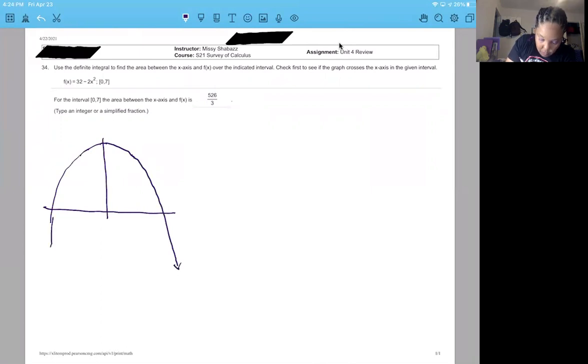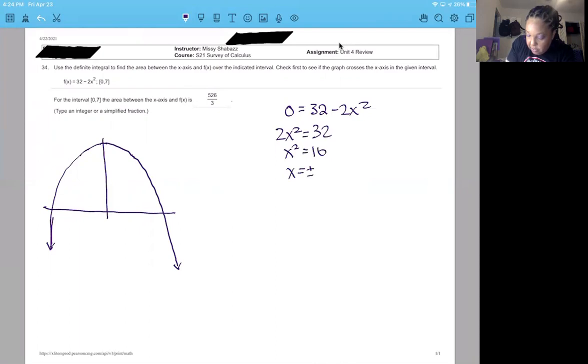All right, now what we need to do is figure out where it crosses the x-axis. So if I let f of x equal 0, I have 32 minus 2x squared, or 2x squared equals 32, or x squared equals 16. So x equals plus or minus 4. All right, so this is at 4 and this is at negative 4. But we want to integrate from 0 to 7.